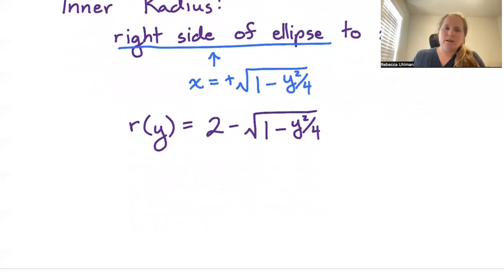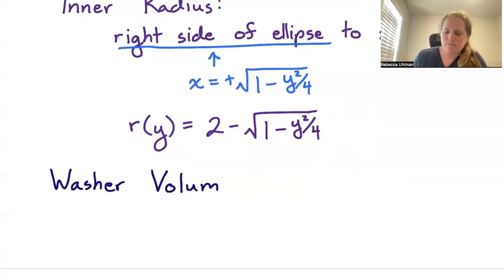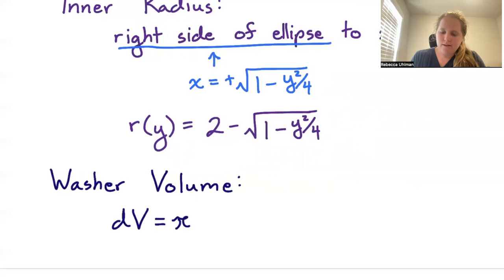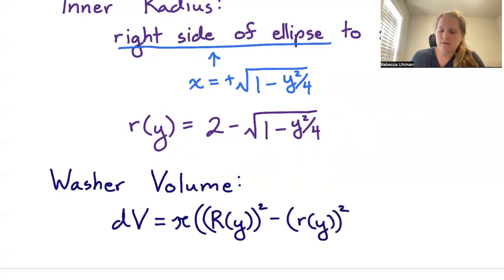And once we have our radii, we can go ahead and find our washer volume formula. So for our washer volume, we have dV is equal to pi times, in parentheses, capital R of y squared minus lowercase r of y squared, times dy.